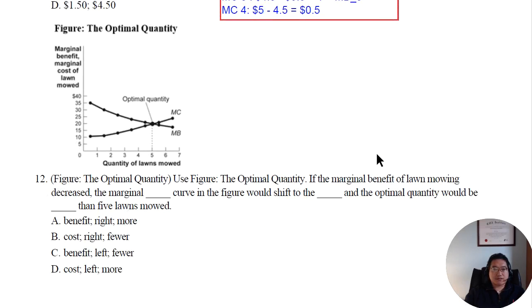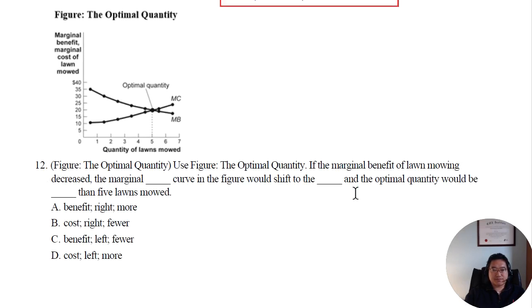Now let's look at question 12. In this figure, the optimal quantity if the marginal benefit of lawn mowing decreased. The marginal what curve? We already talked about this. Marginal benefit, right? What curve will shift in what direction? Obviously, we are going to do something about the marginal benefit curve here.